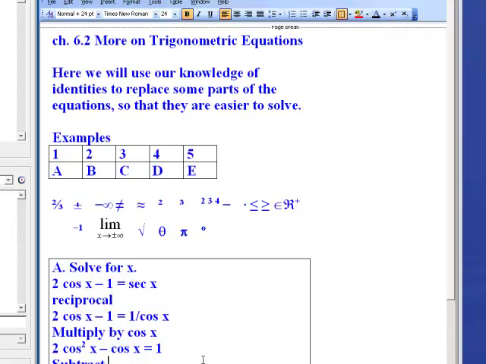Then, of course, we get the 1 to the other side and we make a substitution. So subtract 1 and substitute u equals cosine x. So we're going to have, after we have subtracted the 1, 2u squared minus u minus 1 equals 0.